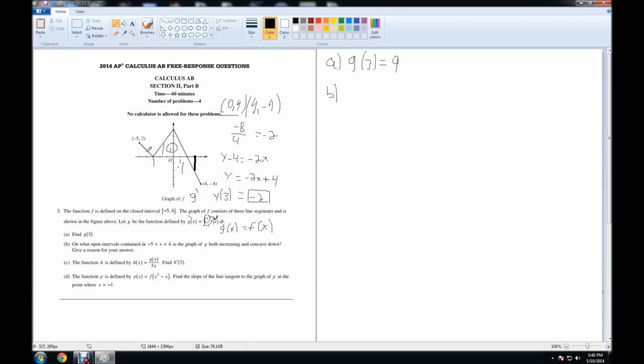But since this is the graph of g prime, all the values where this is above the axis, so all the positive y values, we have a positive slope. All the values where the y values are below the axis, we have a negative slope. So, for example, from the interval -5 all the way to 2, we have a positive slope.